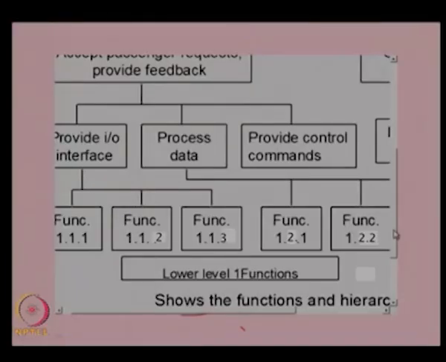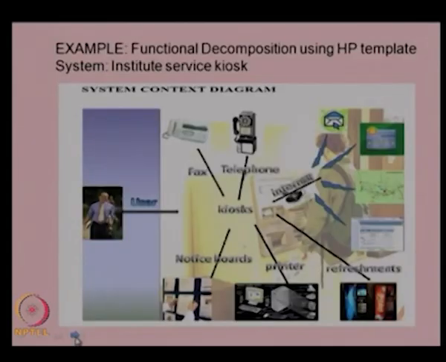So using these functions we can actually develop the next level of physical architecture, and to do that we need to look at whether all the functions are provided for the system, or whether these functions will really satisfy the requirements or not. Before going into that, we will take one more example and see how to develop the functional architecture using the HP template. Okay, this is an example for functional decomposition, and this is a system known as institute service kiosk.